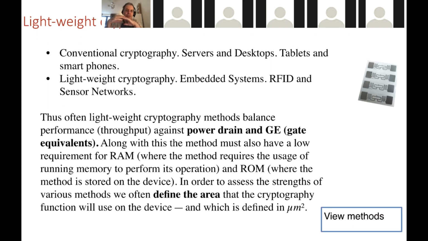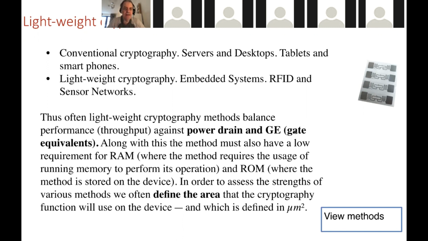Your smartphone is a quad-core processor. It's actually very efficient. It has highly efficient processors in there, and it can generally do crypto. And then there's the lightweight crypto elements. That's related to embedded systems, RFID devices, and smart sensors.